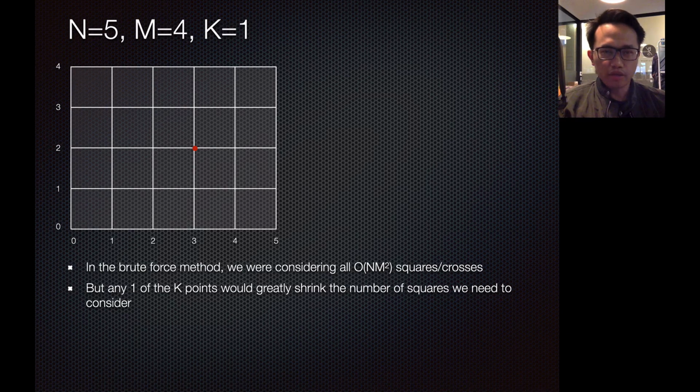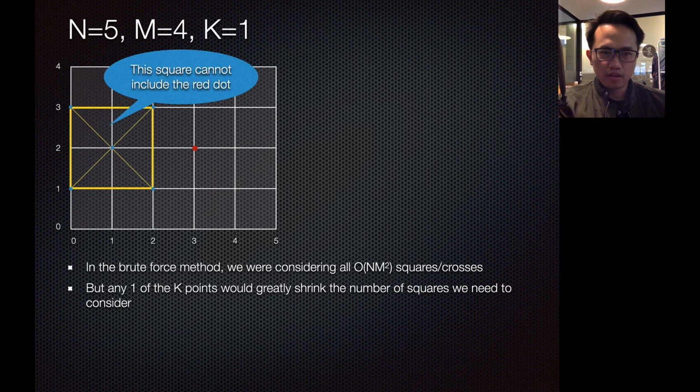Well, let's go back to the case when k equals 1 and see what insight we can draw from there. Remember, in the brute force method, you're going through all the possible squares, and that's order of n times m squared crosses. But any one of the k points would greatly shrink the number of squares that we need to consider.